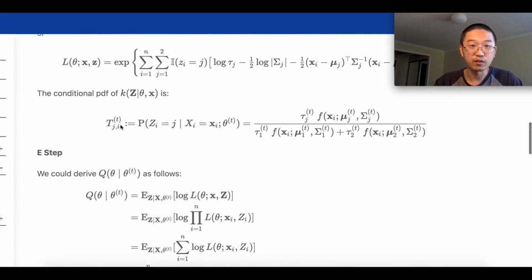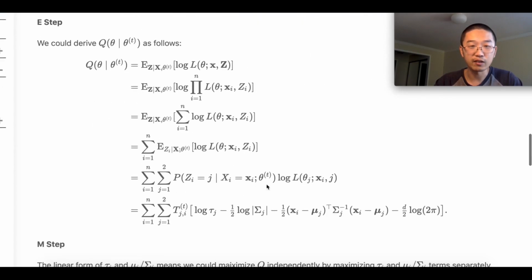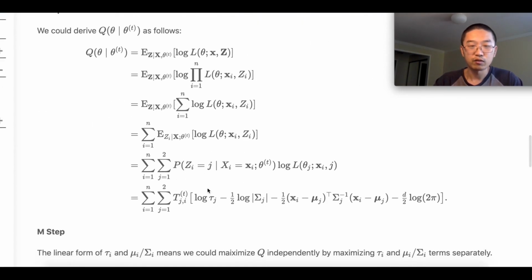We know the t term given the previous estimation. So the tau term can be maximized separately, and the second one, the mu term plus the covariance term, can be maximized separately as well.